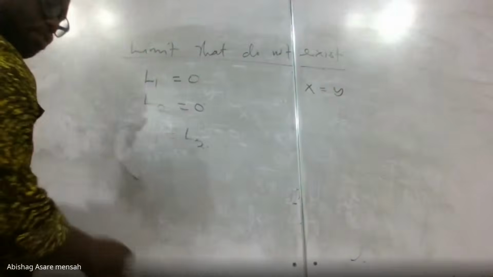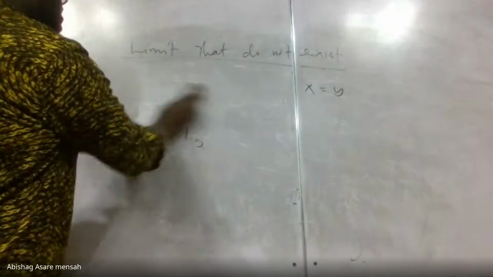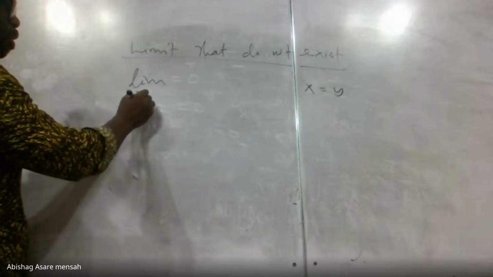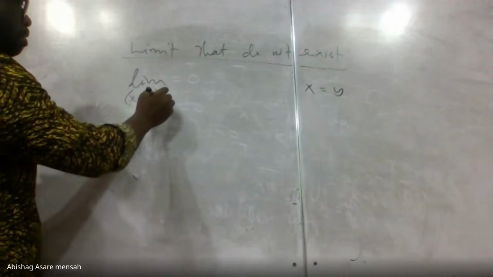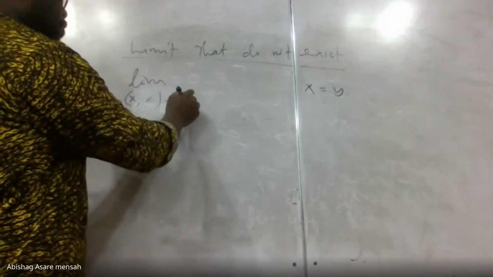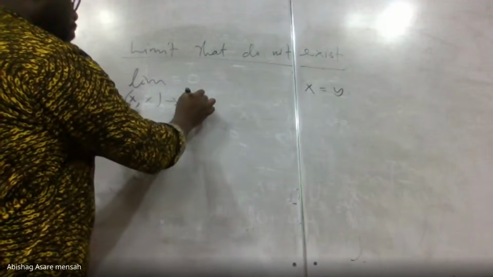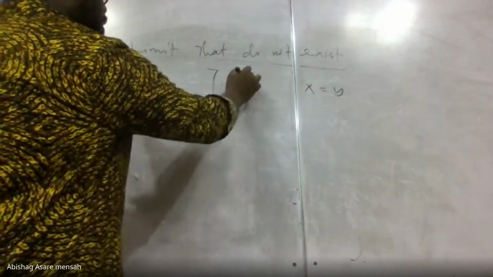For that one, to find the limits, we are saying y is equal to x. So this one will be x times x, wherever you find y, put x there.